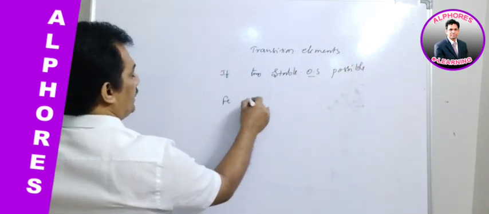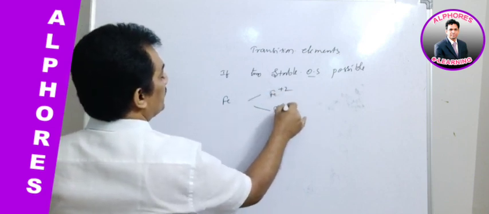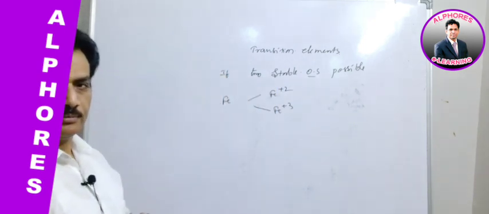Iron is able to exhibit +2, +3 oxidation states.